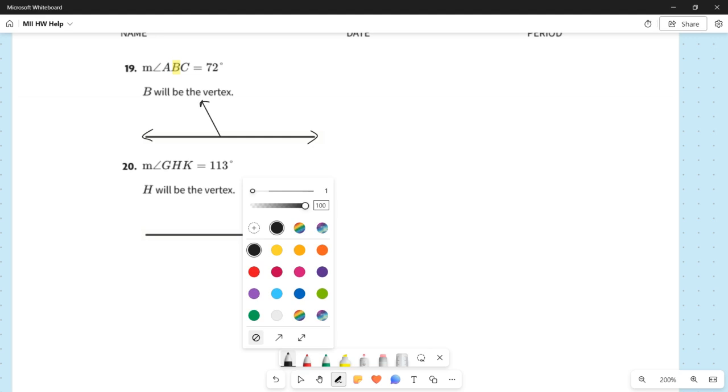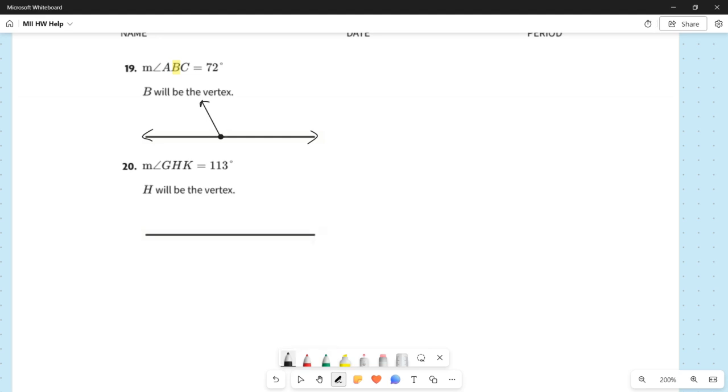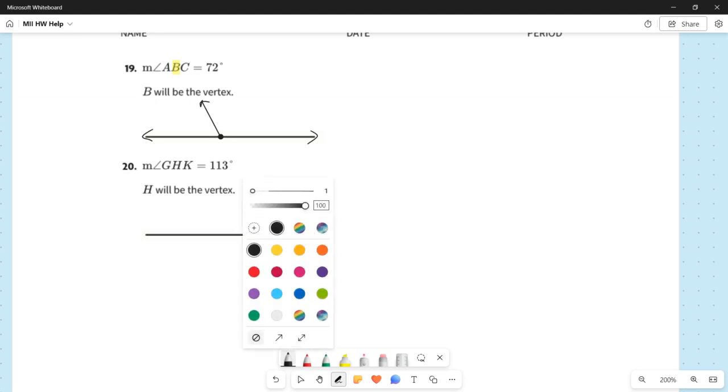We are going to have to label some points here. What matters is that B is the vertex for the reasons that we've already said. So that point there is B, and we're locked into that.